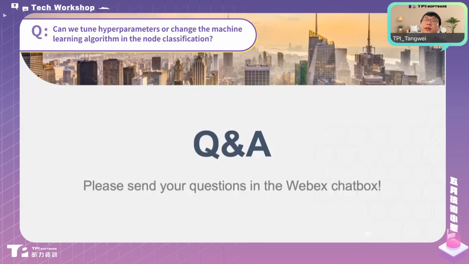You can see in the demo, we don't tune the training parameters. We let Neo4j automatically give us the best parameters in our train and pick machine learning models.